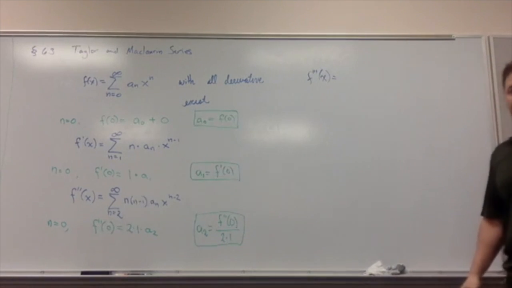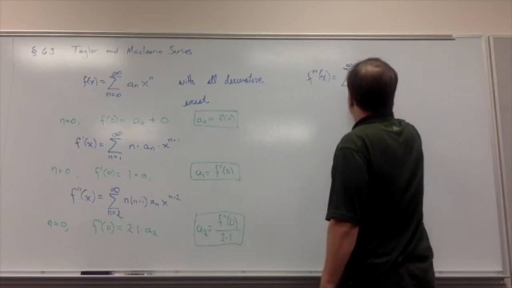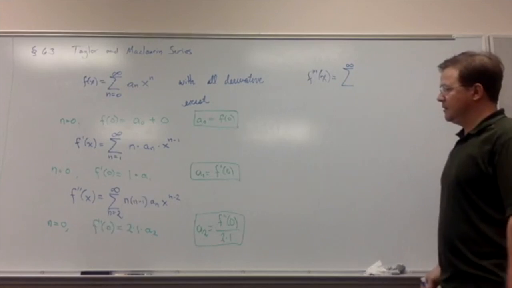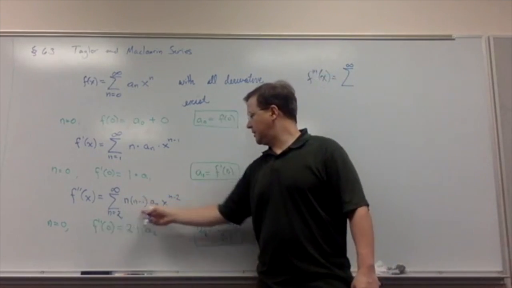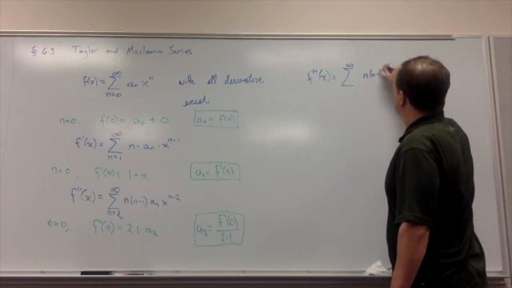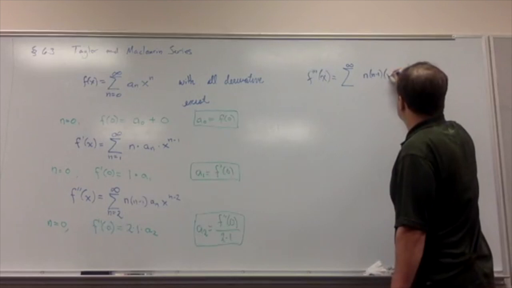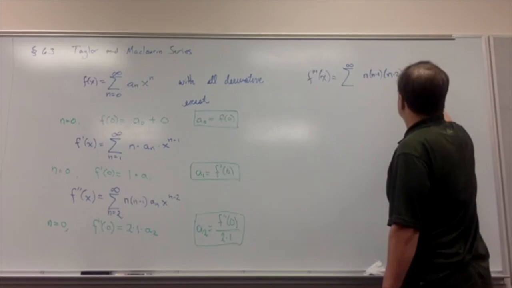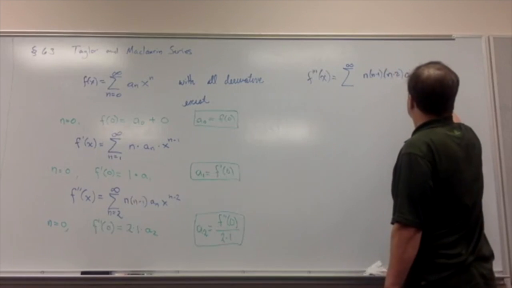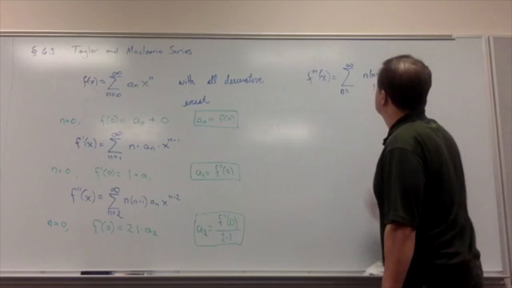So taking the derivative term for term, it's a pretty complicated looking coefficient, but we're going to take this times exponent n minus 2, a sub n x to the n minus 3. And then the denominator is factorial here too, isn't it?